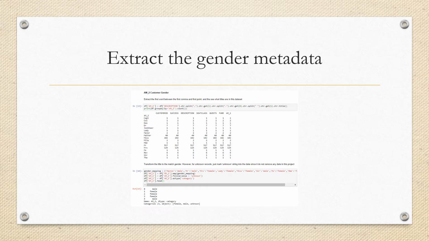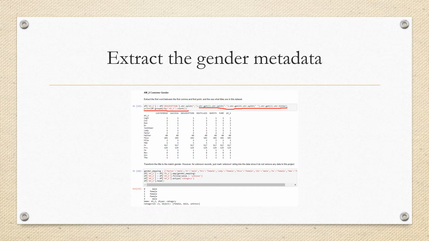The second metadata we can extract is gender. For the gender extraction, I also use string functions to pick the content between the first comma and the first period, and then remove the space before the title. So you can see this code. And finally, I print the group by result to see how many different titles are in this attribute.